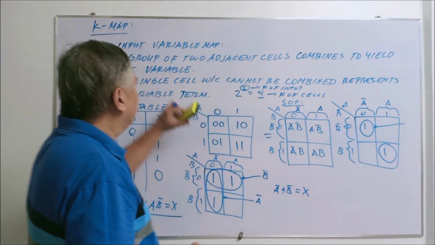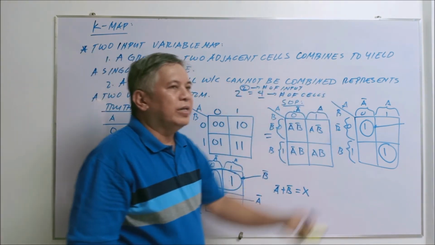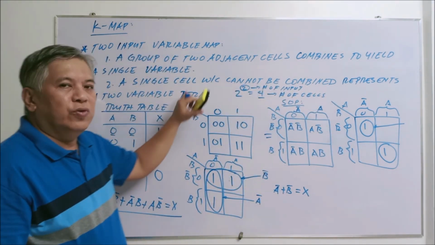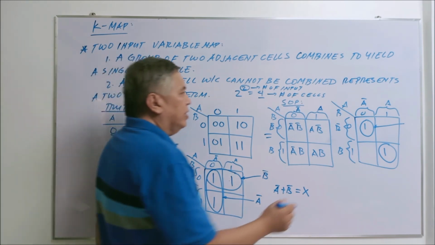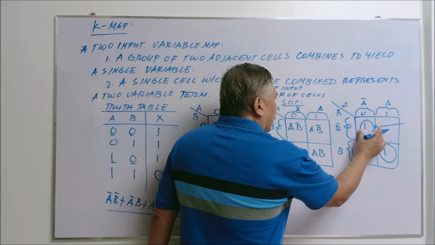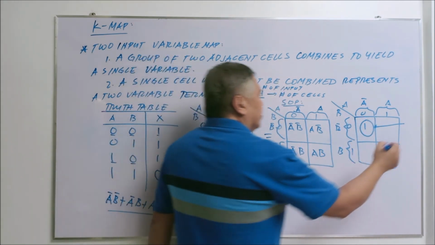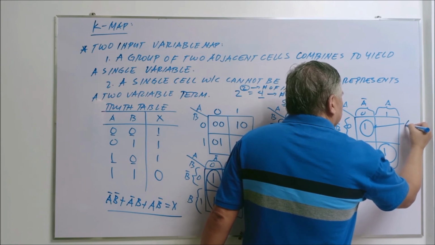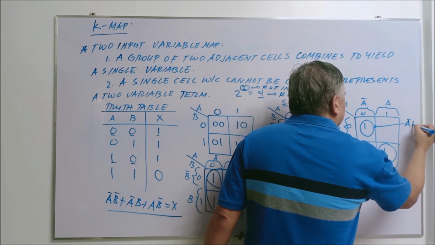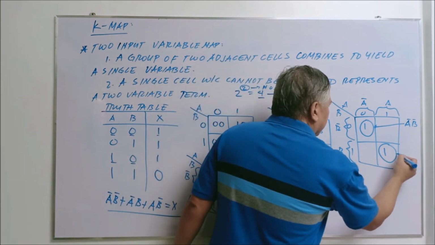According to our rule, a single cell which cannot be combined represents a two variable term. And the intersection of this cell here is A bar, B bar. Okay, so the logical term is A bar, B bar.